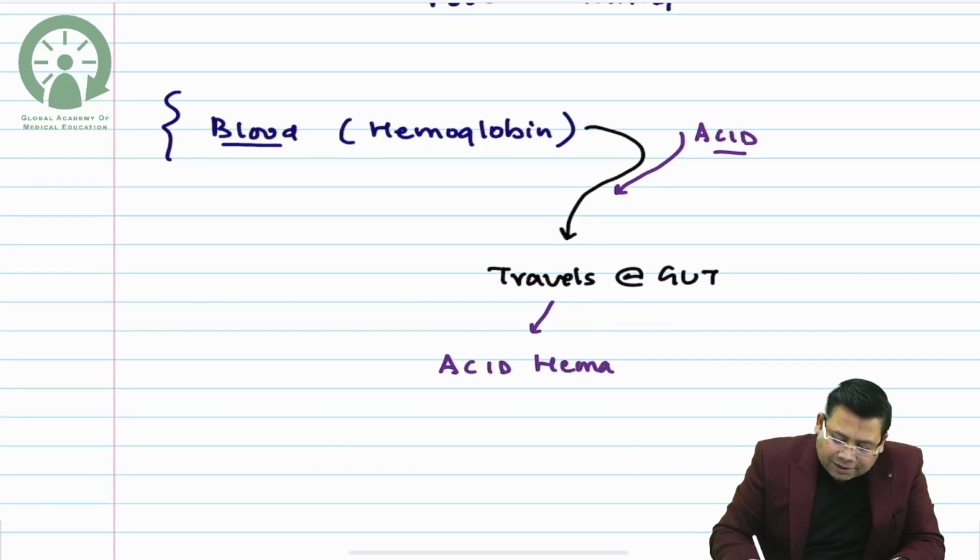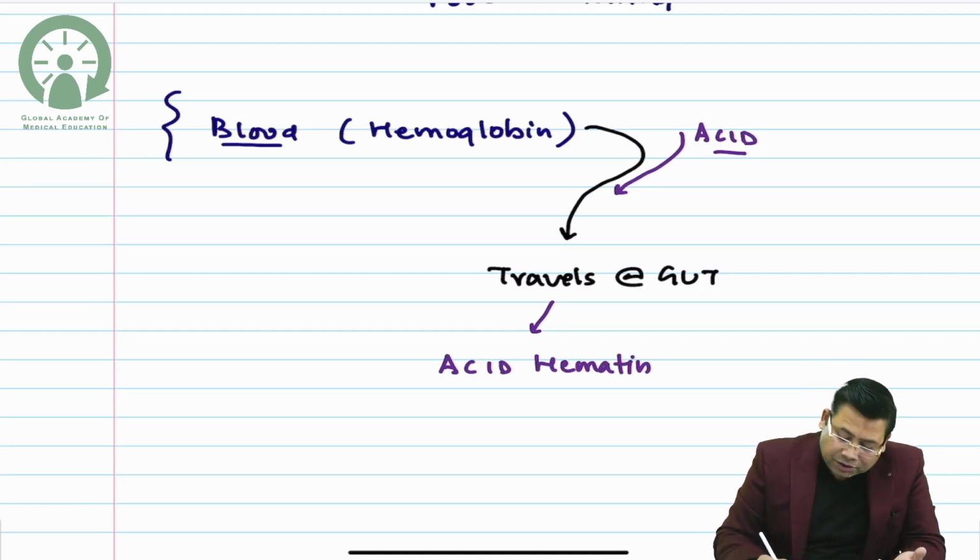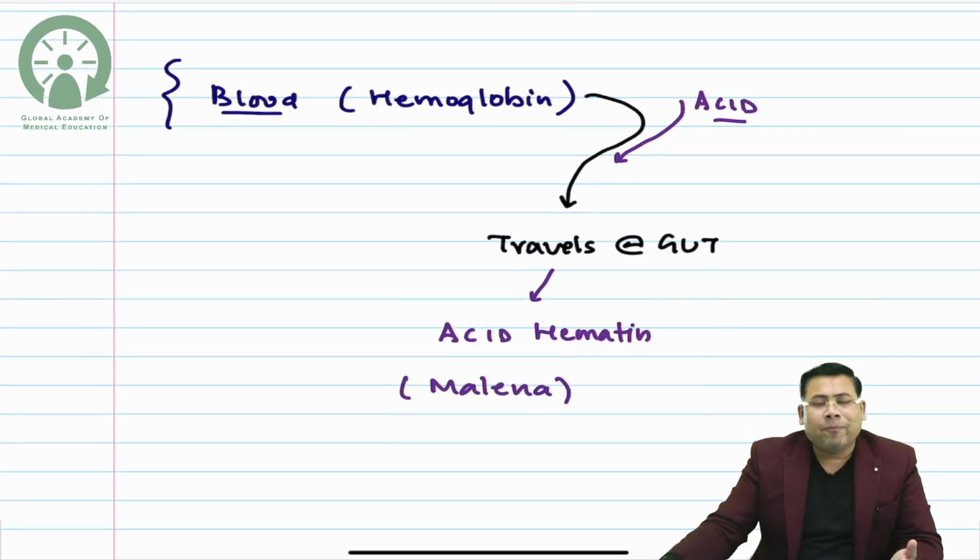This acid hematin gives you the typical coffee brown, or reddish black, or blackish, melena like consistency.